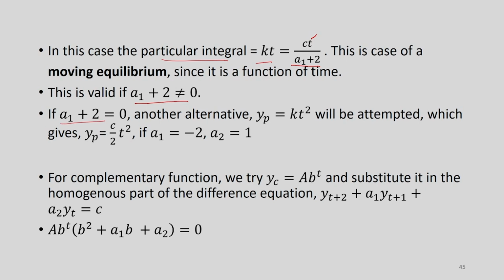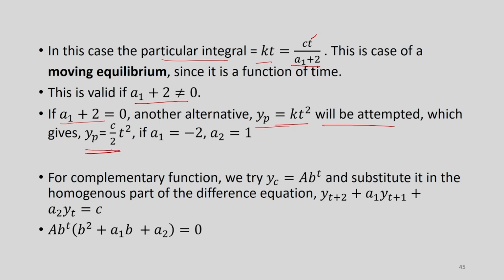Now, if a1 plus 2 is equal to 0, then we try another solution which is a little bit more complicated: yp is equal to k multiplied by t square. Earlier we took k multiplied by t, and in the first case we took only k. Again this can be substituted in the difference equation and solved for k, and we are going to get k is equal to c divided by 2.